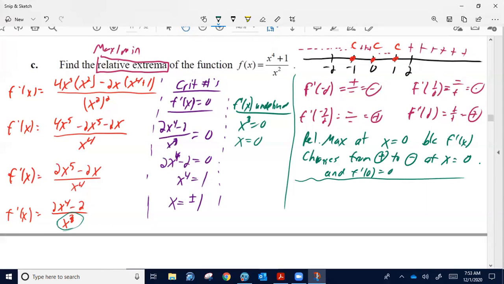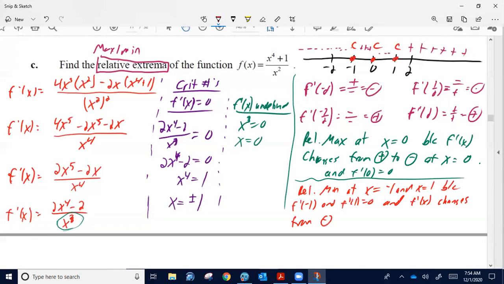And then we have relative minimums at -1 and +1 because you're changing from a negative to a positive at each of those. x equals -1 and x equals +1 because f prime of -1 and f prime of +1 equal 0, and f prime changes from negative to positive at x equals -1 and x equals +1.